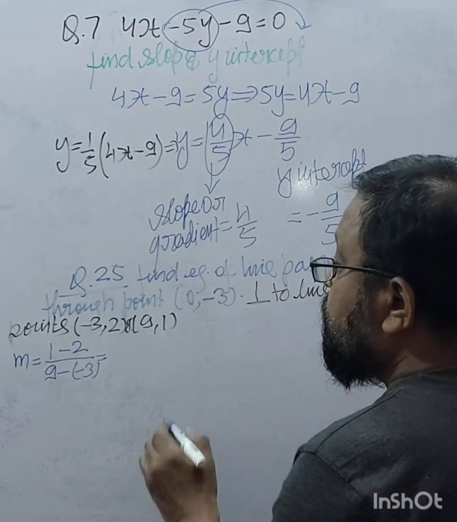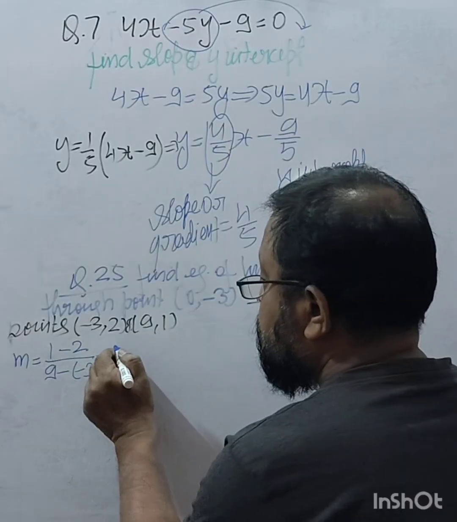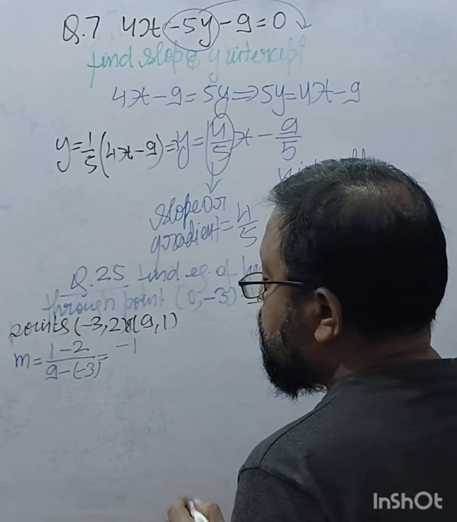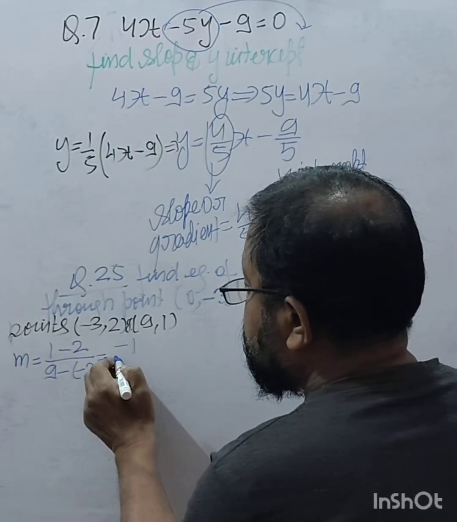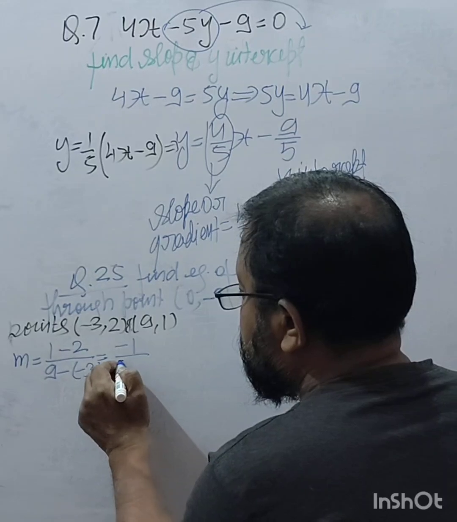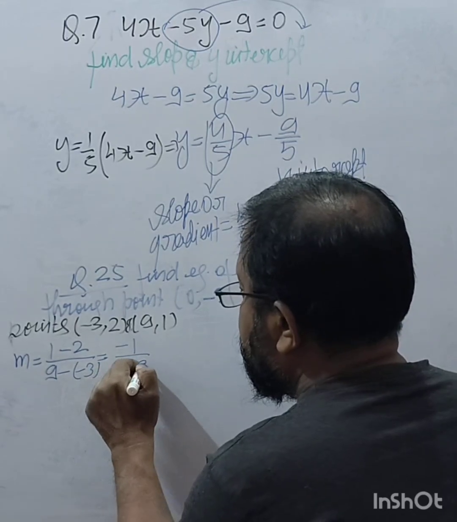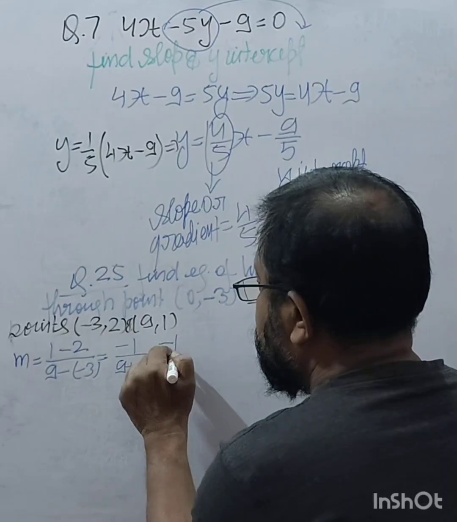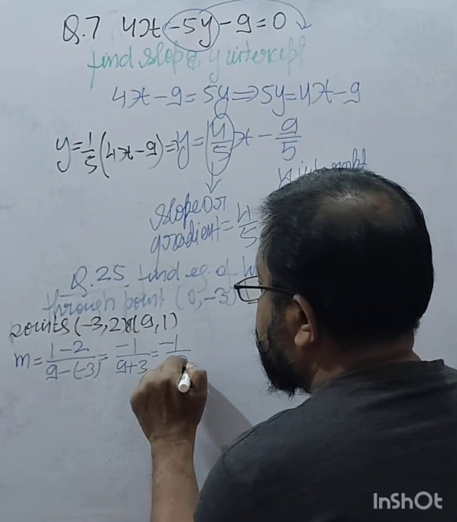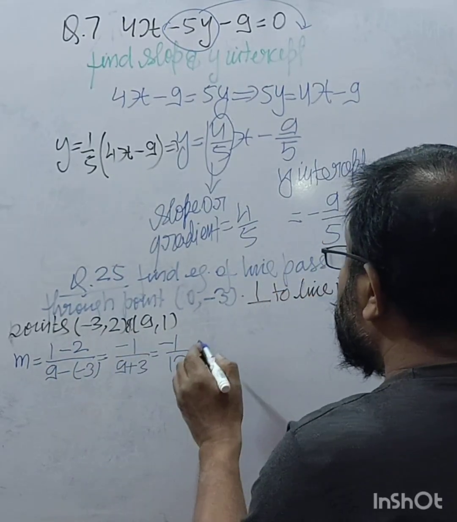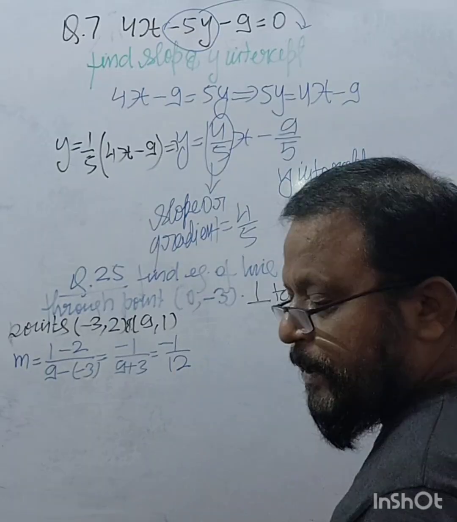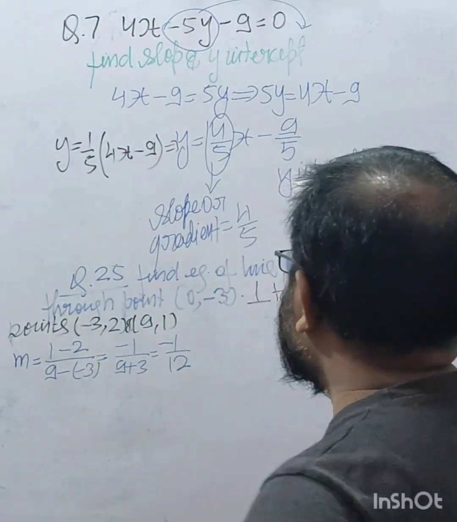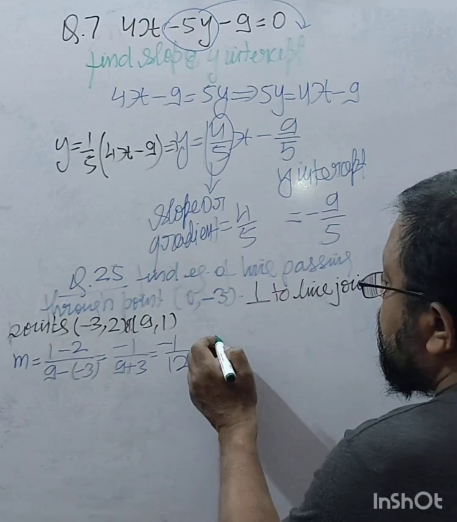So it becomes minus 1 upon 9 plus 3. It becomes minus 1 upon 12. Right? The slope of this line, the line with the points minus 3, 2 and 9, 1.